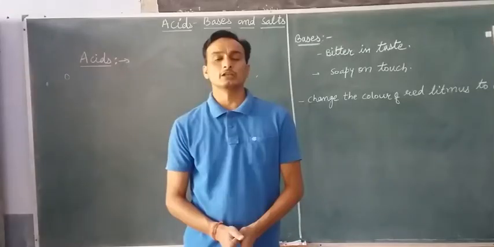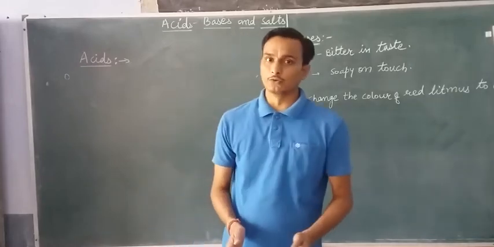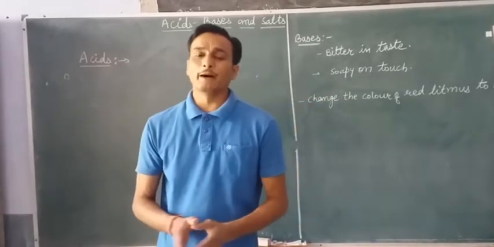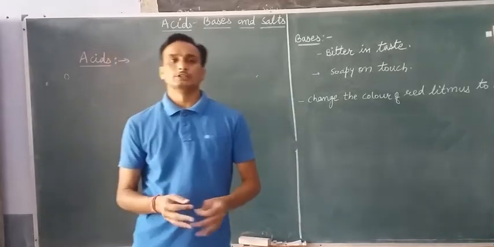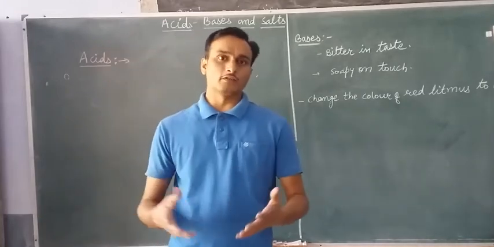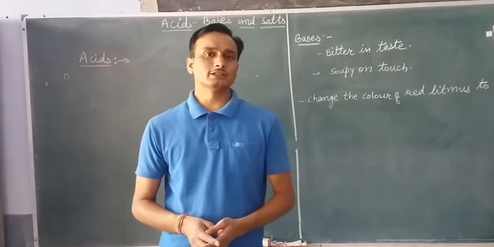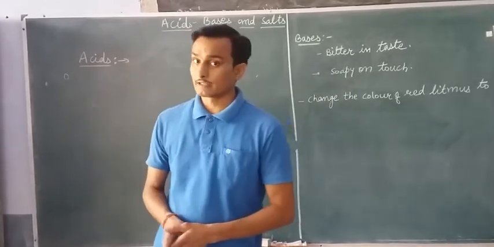We studied that acids and bases are corrosive in nature. They can harm us. Therefore, we cannot identify acids and bases by simply tasting or touching. Some substances are required to recognize the presence of acids and bases; these substances are known as acid-base indicators.